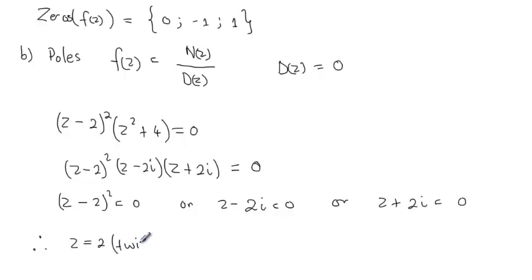It's important to state that this is a double pole. By saying twice here, we're stating that we're dealing with a double pole. And then next, z equals 2i, which is a simple pole because this factor occurs once, or z equals minus 2i. So here we've got a complete set of poles of f of z.